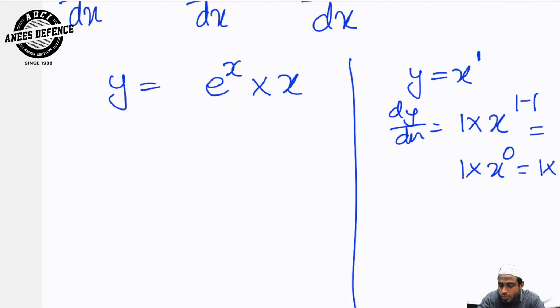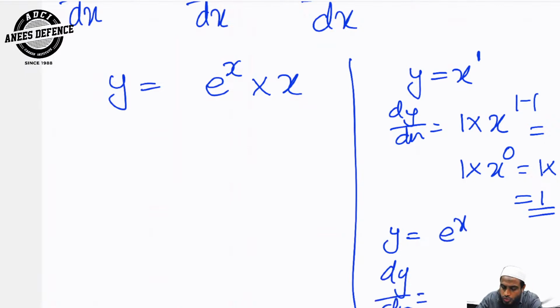Anything raised to 0 is 1, so 1 into 1 equal to 1. So the derivative of x is 1. Understood? Y equal to e raised to x: the derivative is a standard formula. What is the derivative of e raised to x? e raised to x itself.